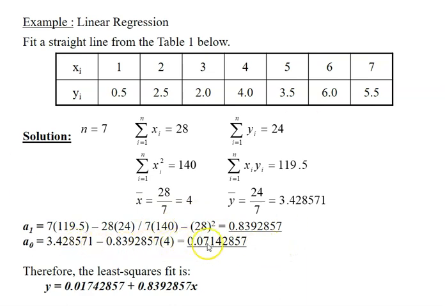Then substitute into the least squares fit formula: y equals intercept plus slope times x. This is the y-intercept and this is the slope. There you go. You got your least squares fit formula for the set of x and y data.